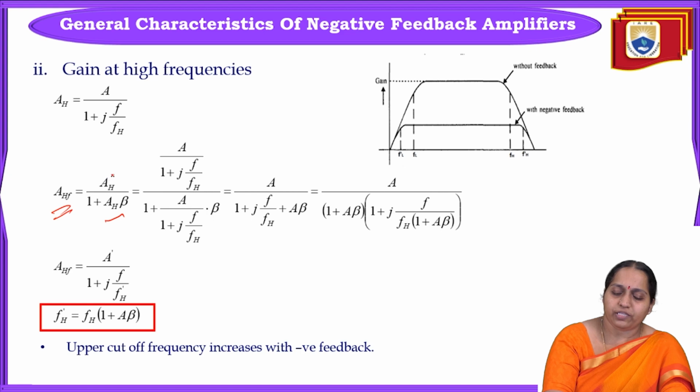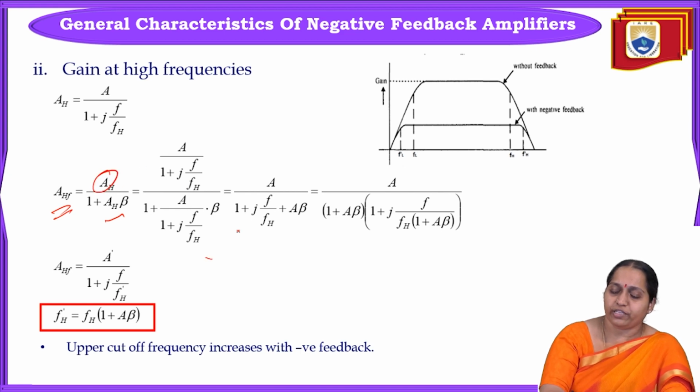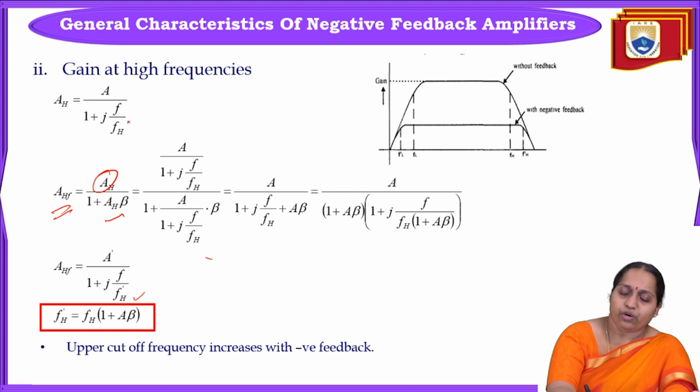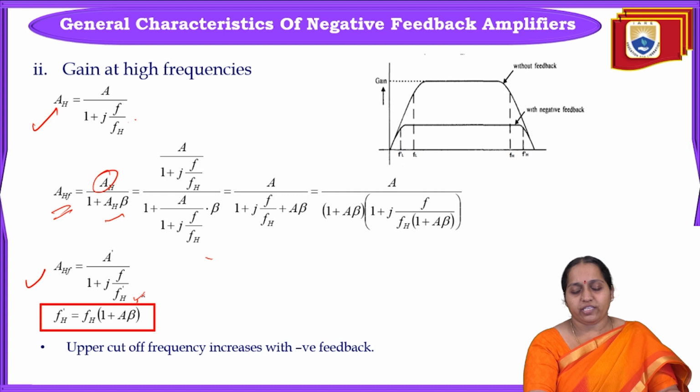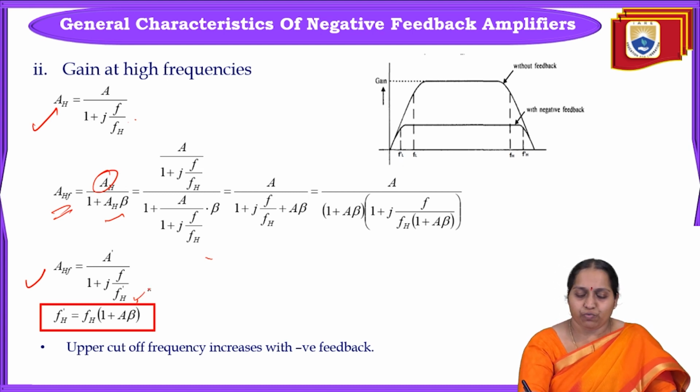Okay. Now simply substituting this AH again in both numerator as well as denominator. On simplification, you can reduce it into the form of A by 1 plus j f by FH dash. Okay. Now comparing this with without feedback and with feedback. Here FH and here you have FH dash. So this indicates the higher cutoff frequency with feedback. So what is FH dash equal to?